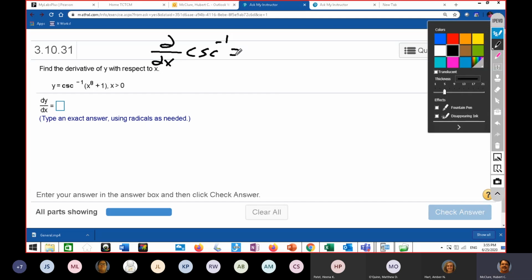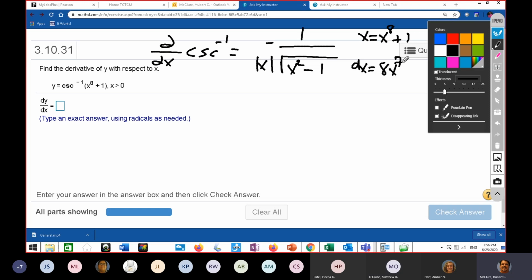That's going to be -1 over the absolute value of x times the square root of x squared minus 1. And of course, your x is going to be x to the 8 plus 1. dx is equal to 8x to the 7th.